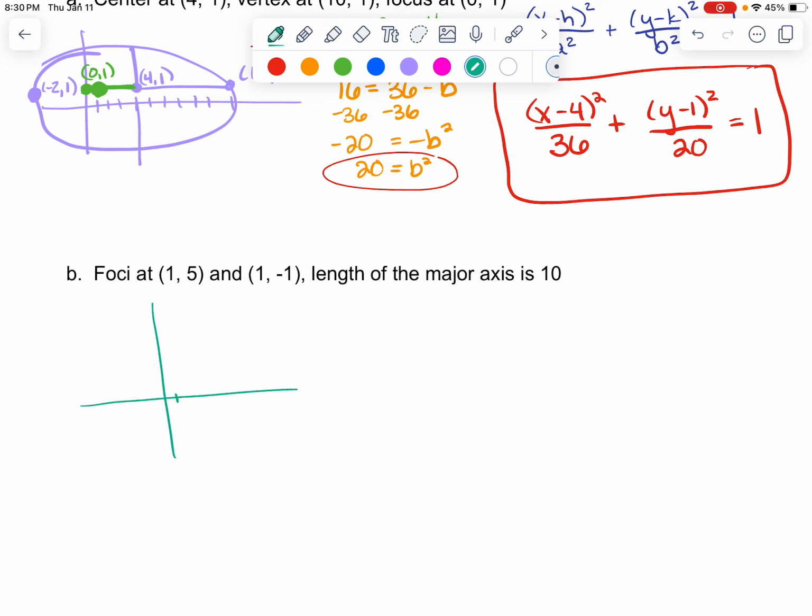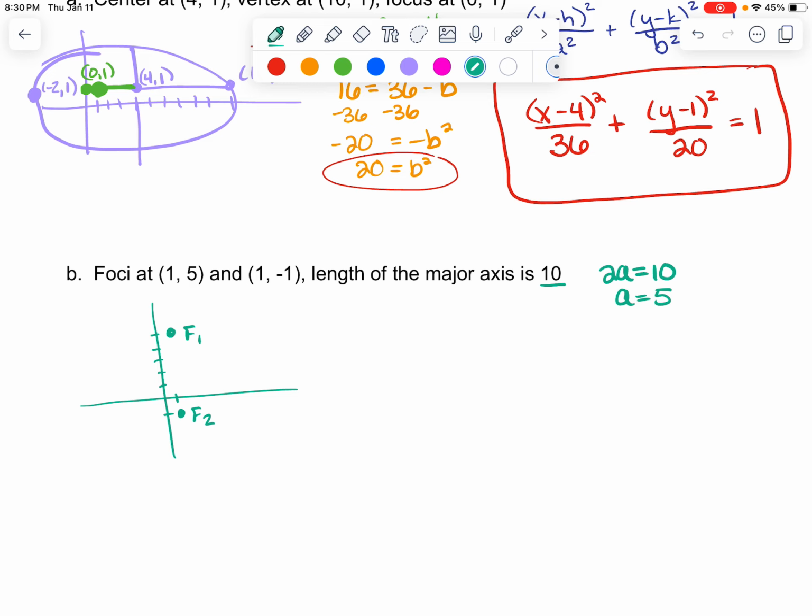Okay, so 1, 5 is a focus, and 1, negative 1 is the other focus. And the length of the major axis is 10. That means that if 2a equals 10, then the a value is 5.